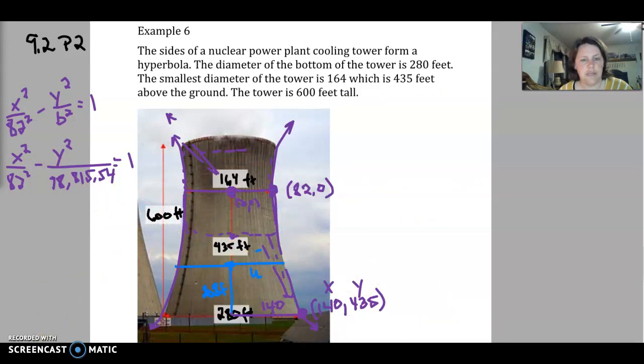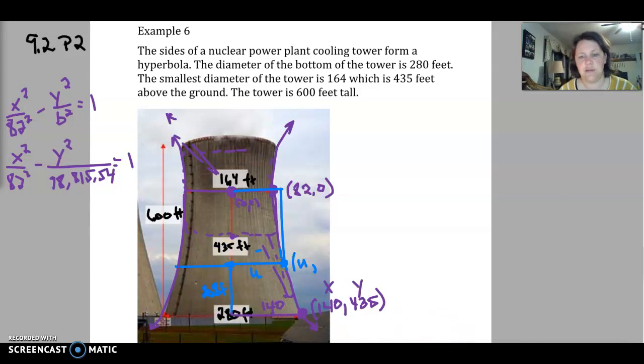Okay, and now we are ready to figure out what the information in blue is that we wrote. In the blue we can mark a point here that is on the hyperbola, and I want to know what point I can label that as. That is the distance of u away from the center. So my x value is going to be u, that's what we're trying to find, and then there's a distance for y. We know from the ground it's 208 feet.